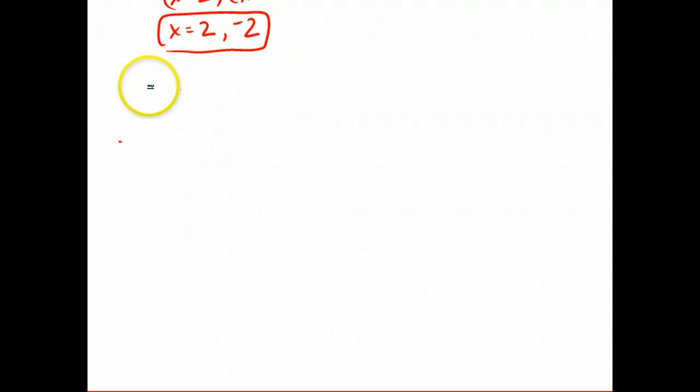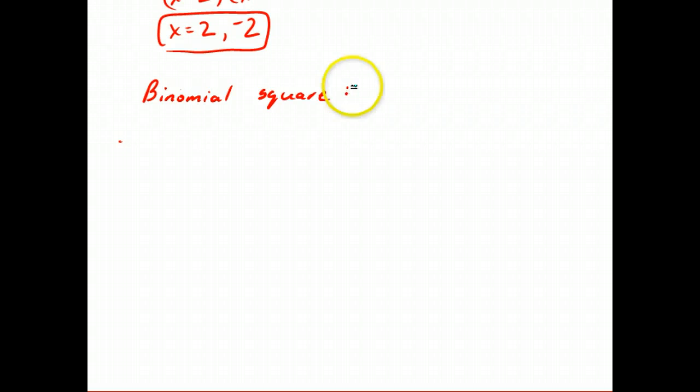A binomial square, you guys have seen these before, is something that looks like this. Let's go with x plus 3 all squared. This is a binomial that's squared, and in its expanded form, it looks like this. Those two things are the same.